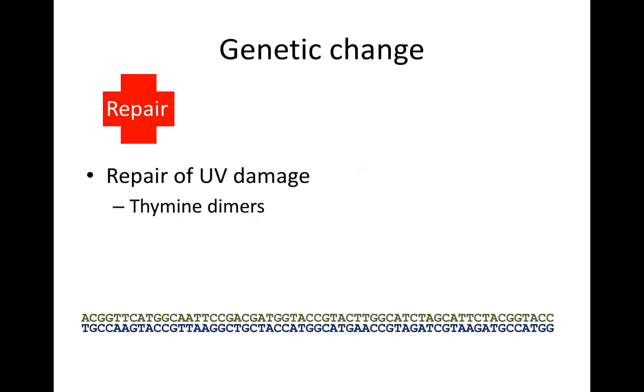Now, this is where we diverge, I guess, from our prokaryotic brethren from back in the day. They have the ability to repair UV damaged DNA that causes these thymine dimers.